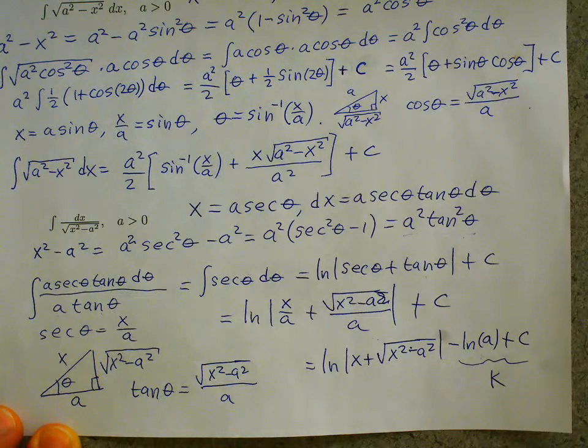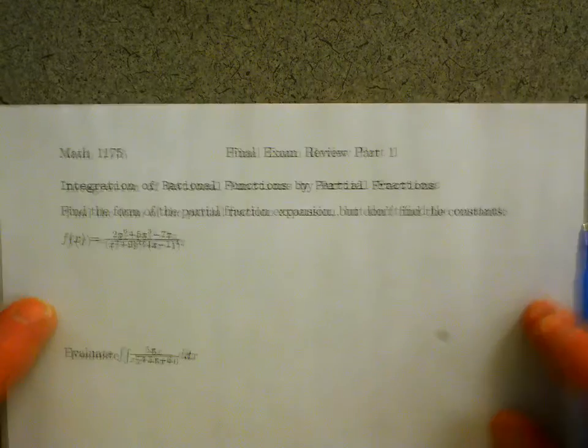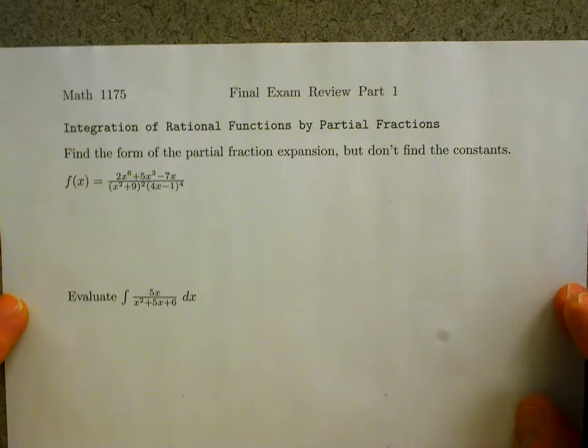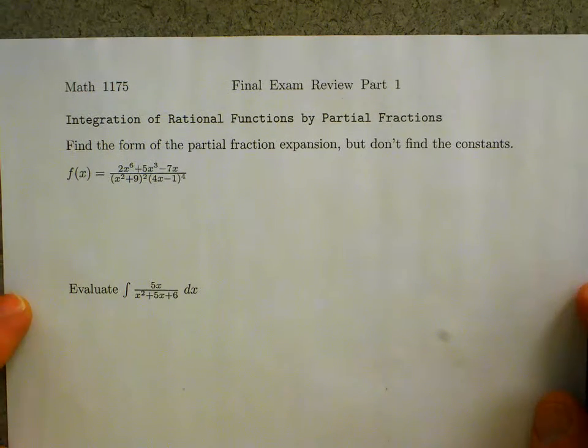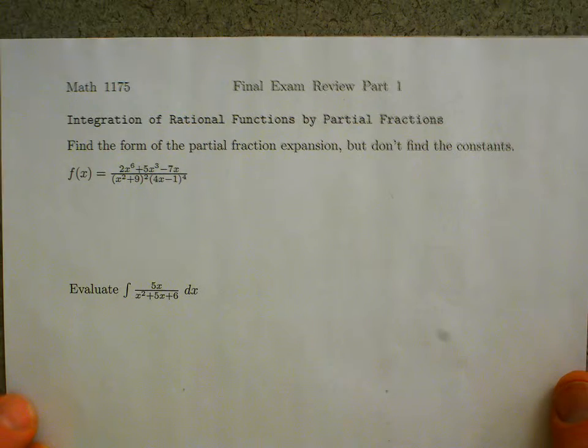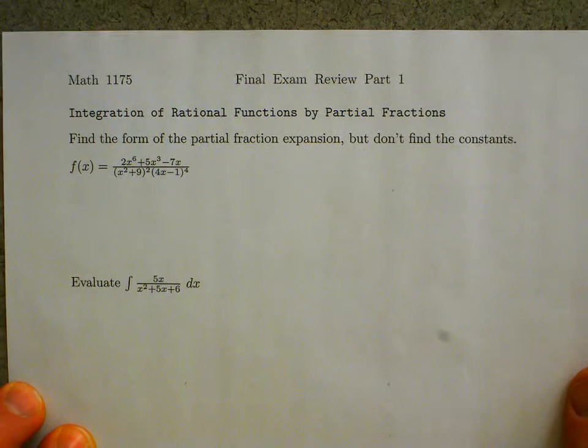On the next page, integration of rational functions by partial fractions. So for this first one, we'll find the form of the partial fraction expansion, but we won't bother finding the constants.